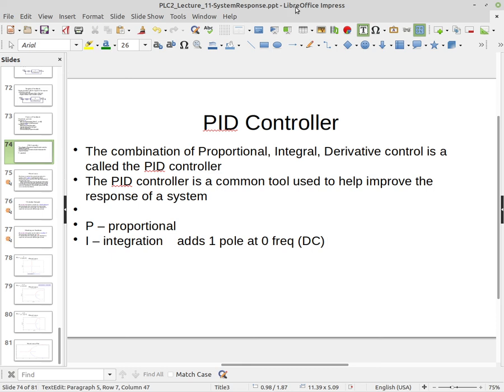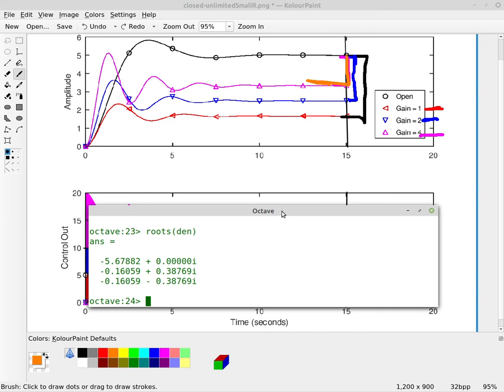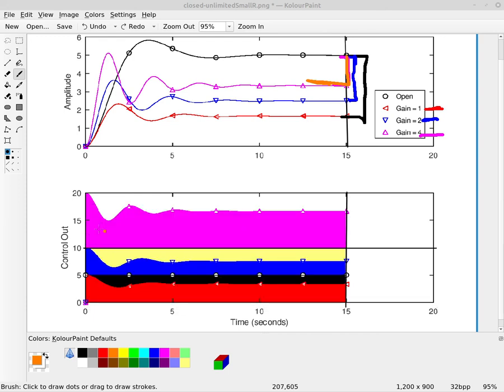So remember, over here, this bit here is where I can't push the system this hard because my control system saturates.